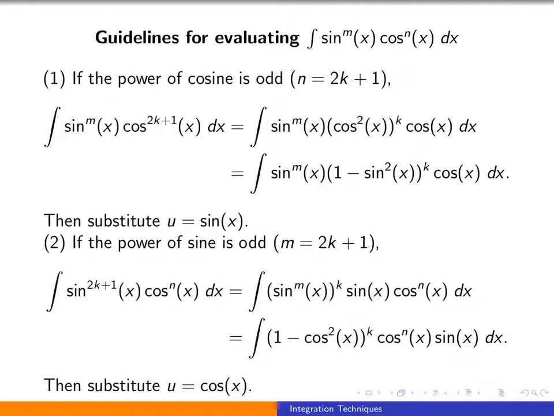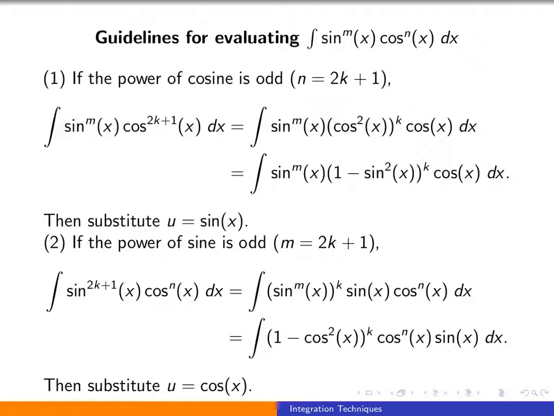So if either power is odd, we take the same approach. If the power of cosine is odd, the idea is that we are going to save one of those cosines. So that plus 1 becomes the cosine that we save. And then the remaining cosine squareds, so it would be cosine to the 2k, so cosine squared to the k, we rewrite as 1 minus sine squared.